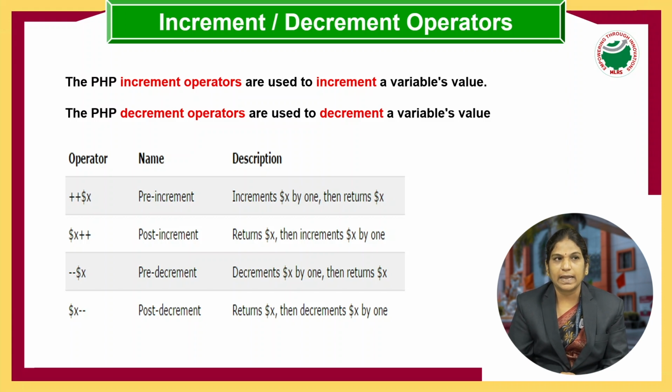Minus minus $x is the pre decrement: first decrements the value and then returns the value. $x minus minus, post decrement, returns $x, then decrements the value of x. Increment and decrement are done by 1.